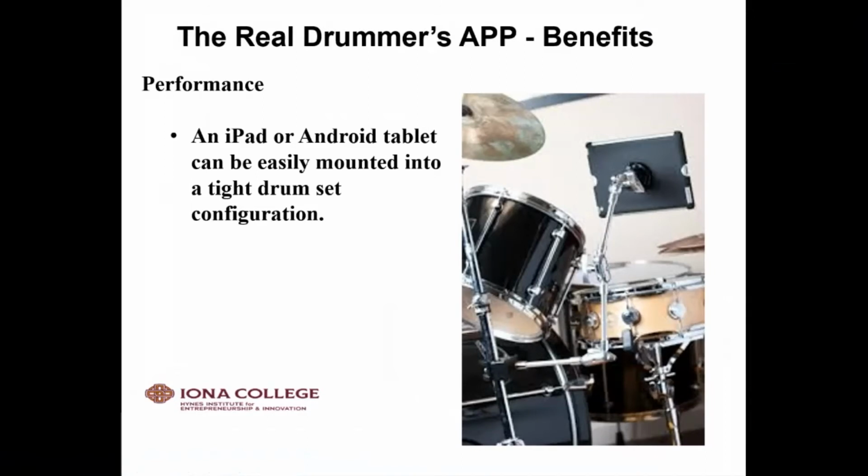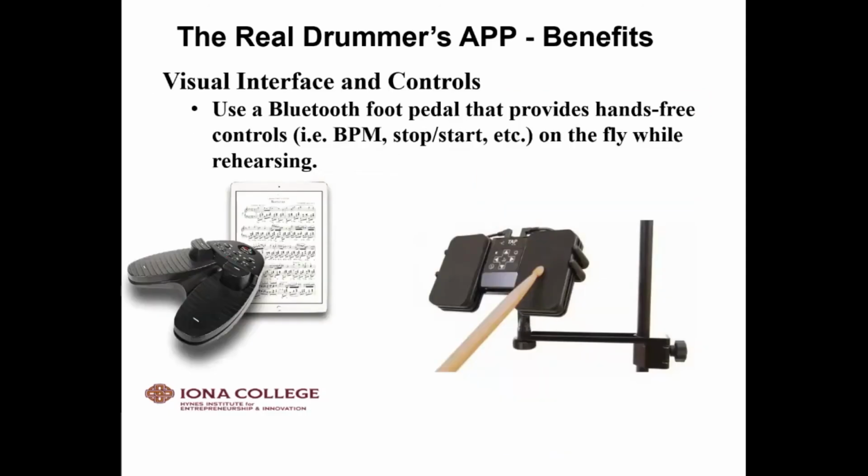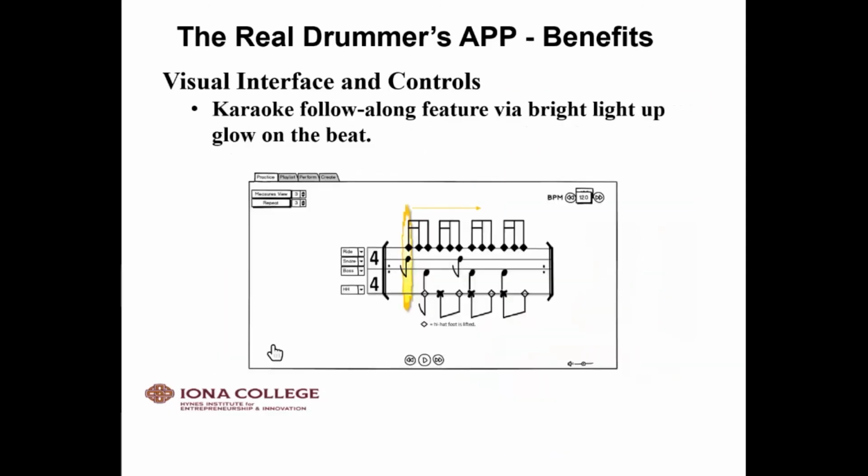They want to be able to mount it on an iPad or Android tablet so they can easily see the configuration so that the drummer can actually view the music very easily on a drum kit setup. And there are visual interfaces and controls, which would be a karaoke type setup with a LED light up to the screen.